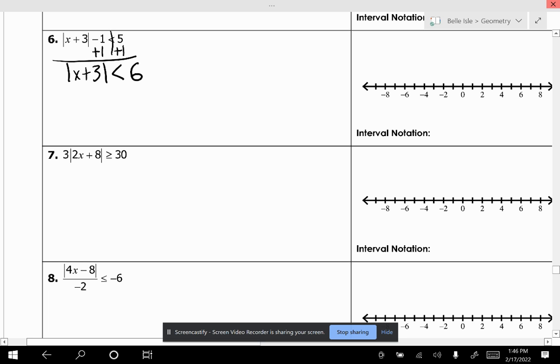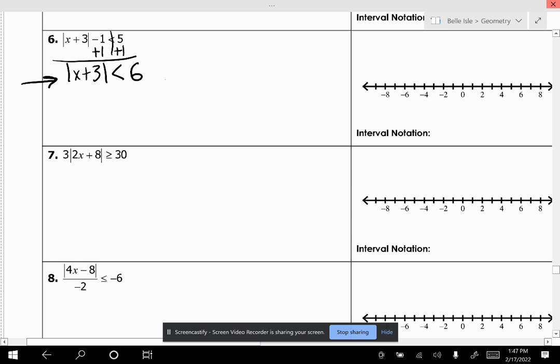That gives you less than 6. From this point is when you can identify if it's an and or an or problem, and then write your 2 inequalities. You only flip the sign when you multiply or divide by a negative, which we'll have an example of in just a second.